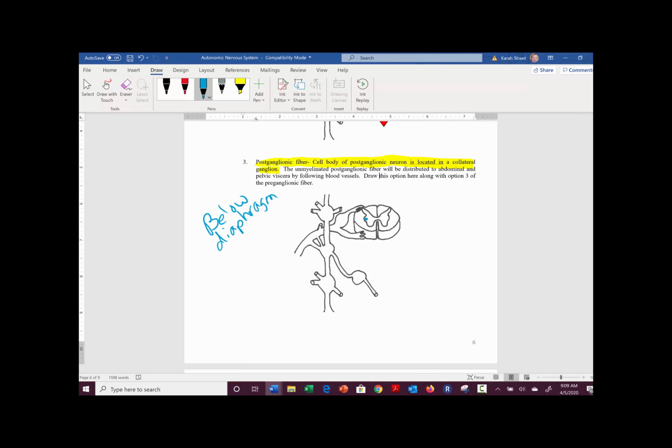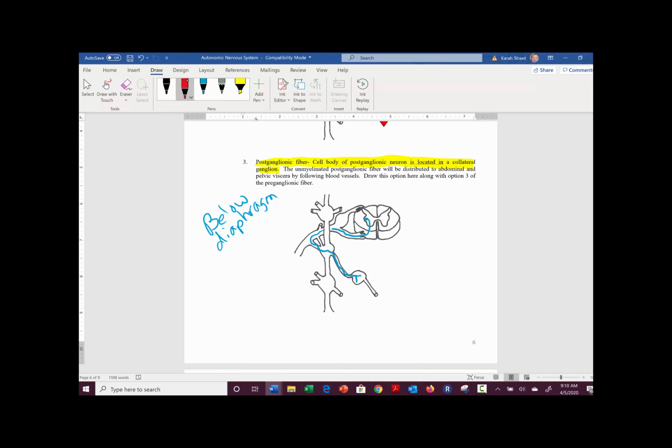Here's our preganglionic fiber going through a ventral rootlet to a ventral root to a spinal nerve for a short time, to an anterior primary ramus, to a white communicating ramus. It does not synapse in the trunk. It enters a splanchnic nerve and synapses on a collateral ganglion.